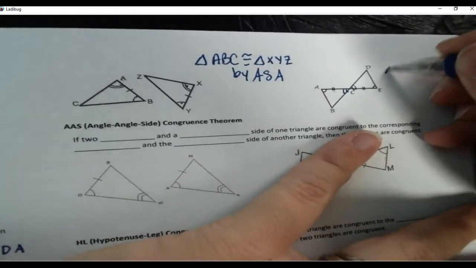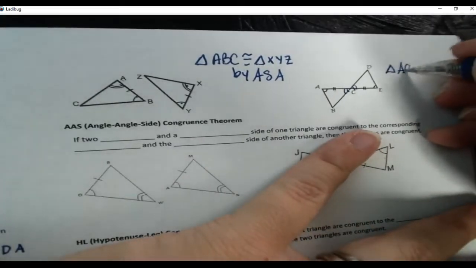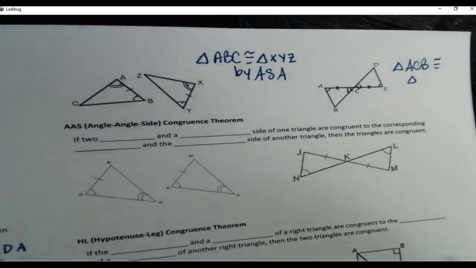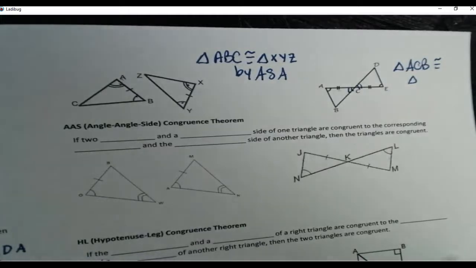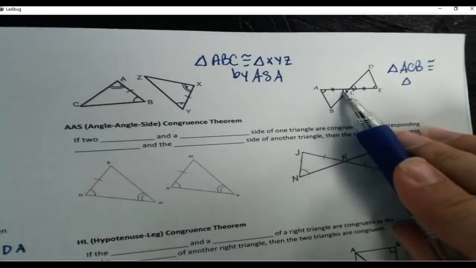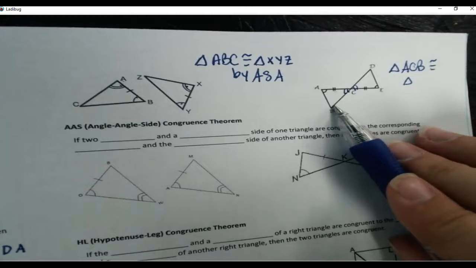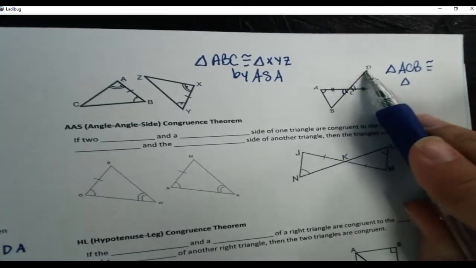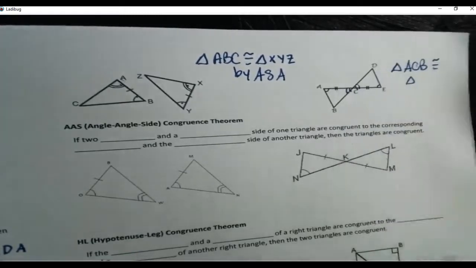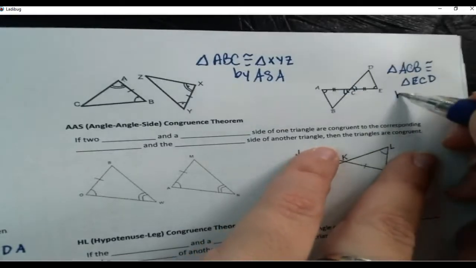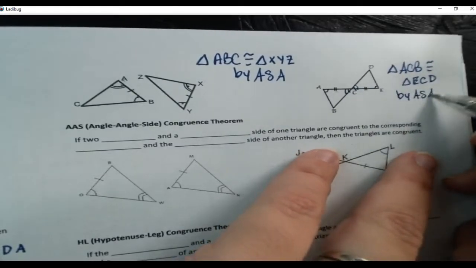So we could say ACB is congruent to, so if I went A, C, B, E, C, D, because C and C match each other. So E, C, D. Again, by angle, side, angle. Good.